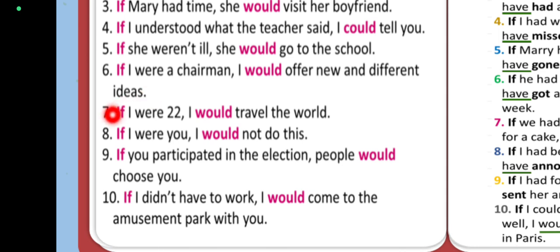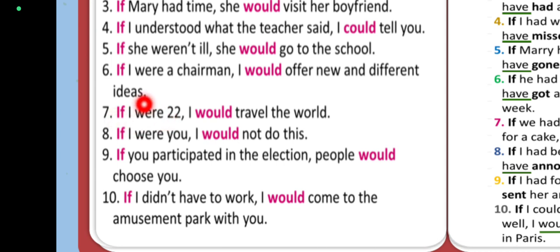Can you repeat that explanation, teacher, please? Yes, for sure. With second conditionals, remember that we use past simple in the conditional clause. But here we have an important situation. With the conditional clause, we use if I were, okay?